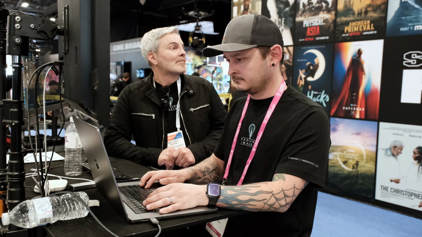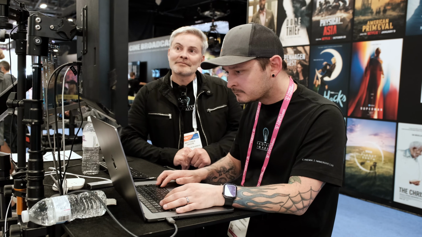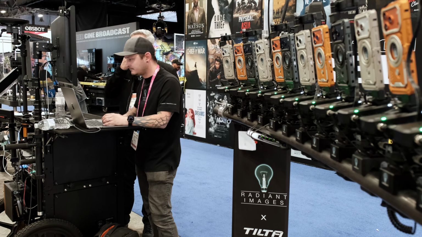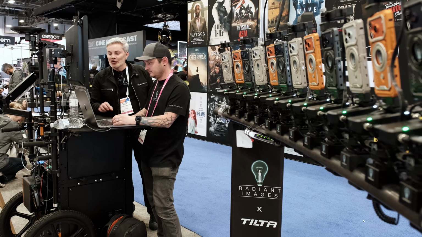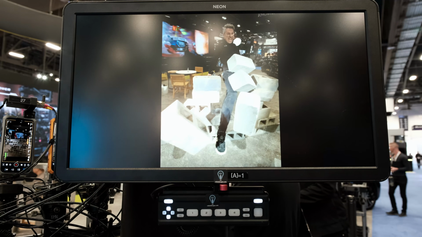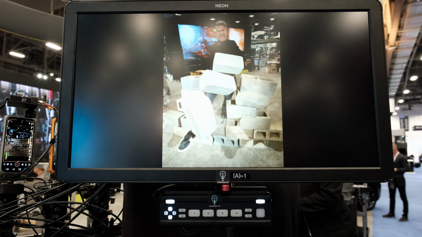So what's a Gaussian splat? That's a crazy word. A Gaussian splat is a new type of volumetric processing, essentially, where an algorithm figures out where the cameras are in space, creates a point cloud based on where the cameras are, and then starts comparing that point cloud to the original images.